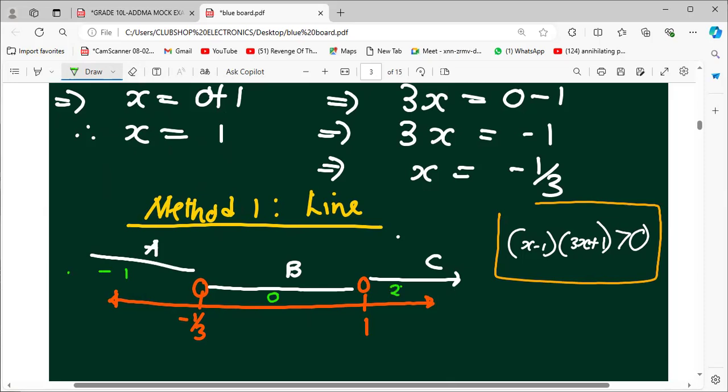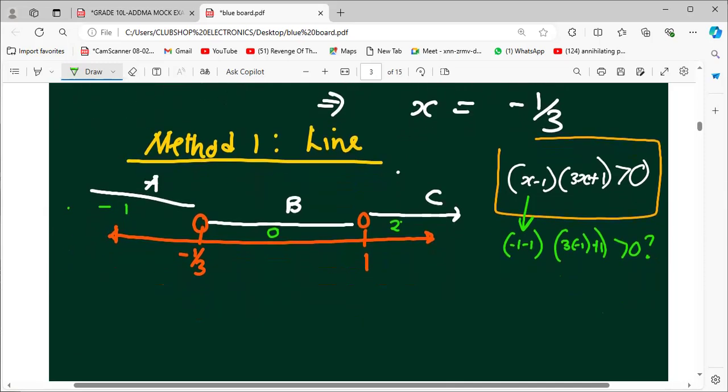So now, if I pick -1, where there is x, I'm going to put -1, minus 1, and check if whatever I get will be greater than 0. So 3 times -1 plus 1. Is this greater than 0? You can check.